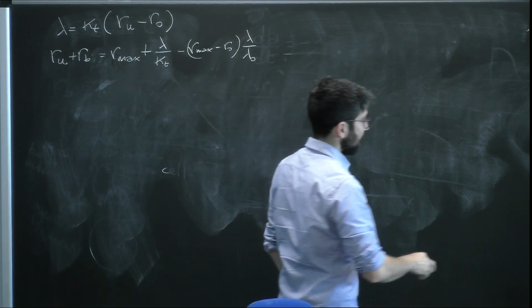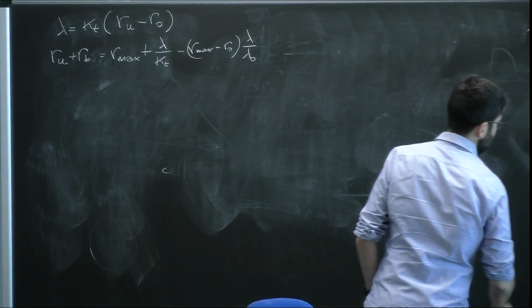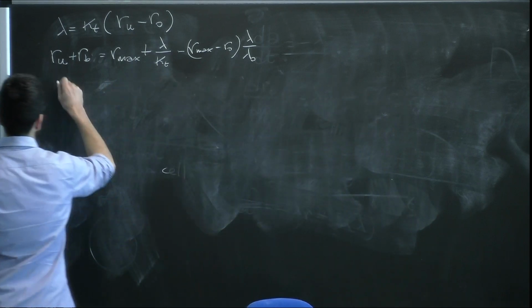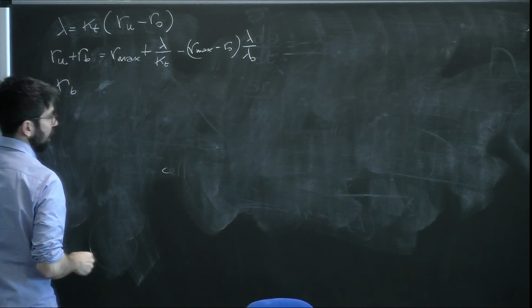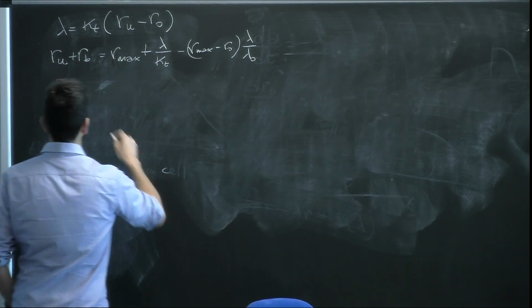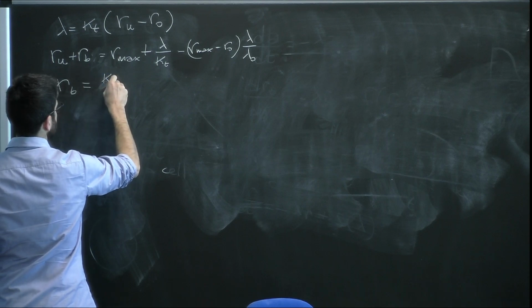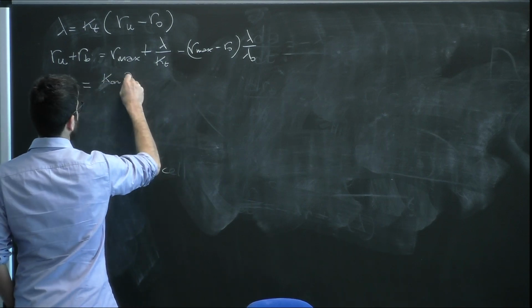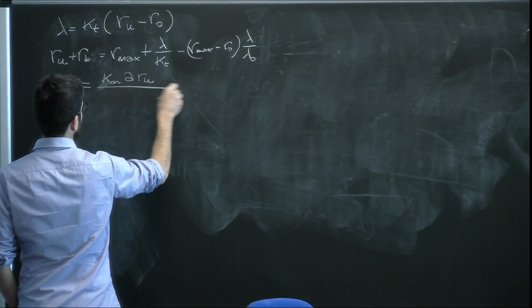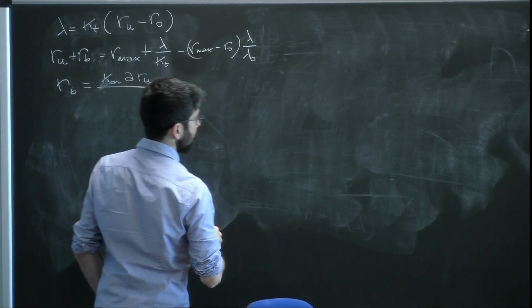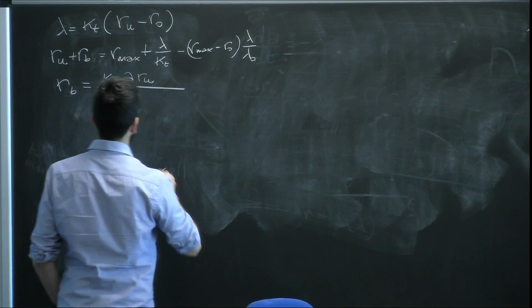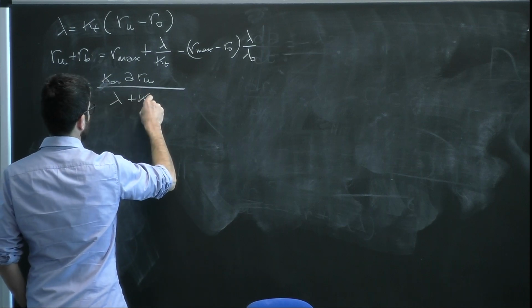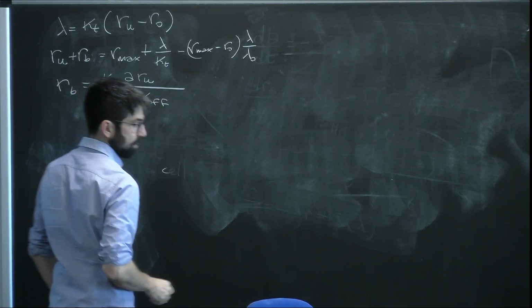And then I can write this equation here: Rb equals, I can directly solve it, kappa on A Ru over lambda plus k off.